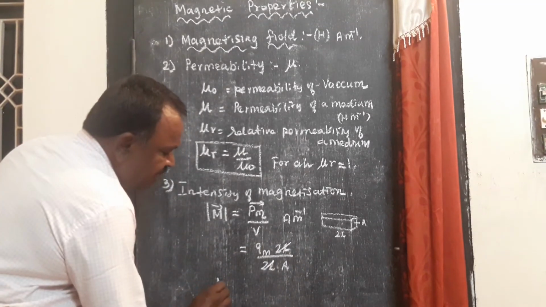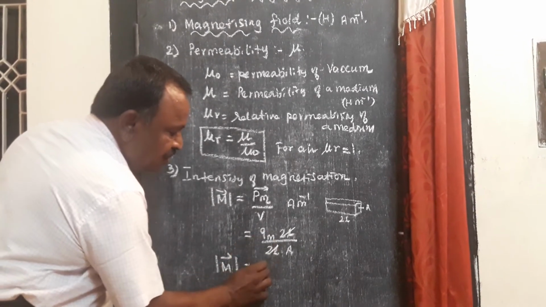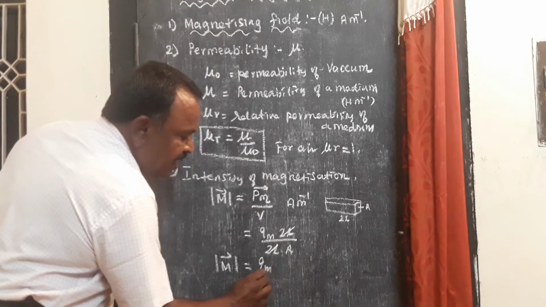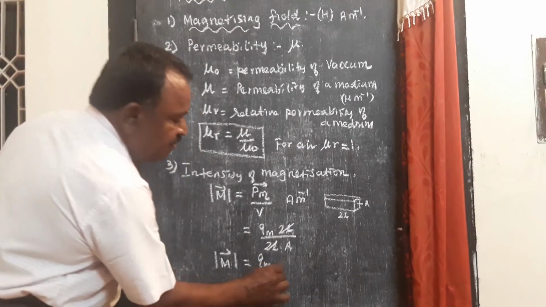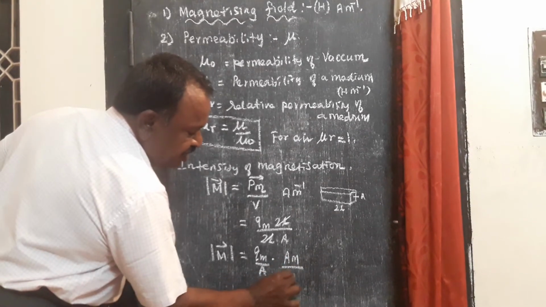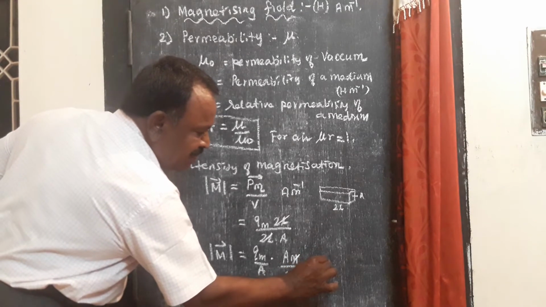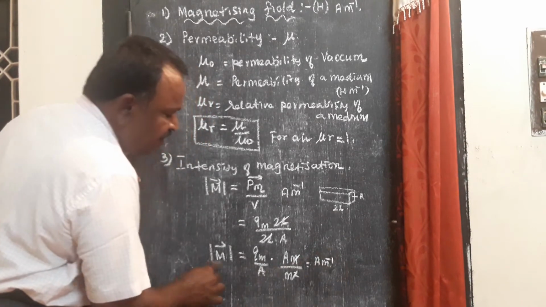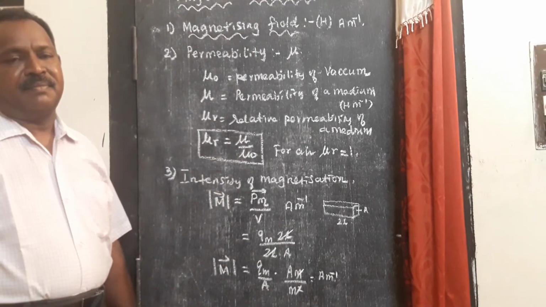So for a bar magnet, intensity of magnetization is equal to Qm by A. Qm is measured in ampere meter and area is measured in meter square. So ampere per meter is the unit for intensity of magnetization.